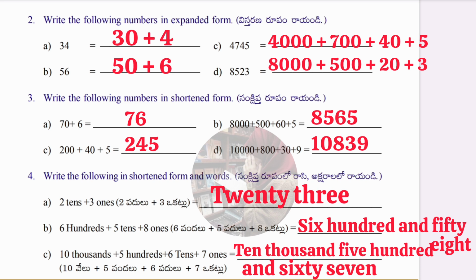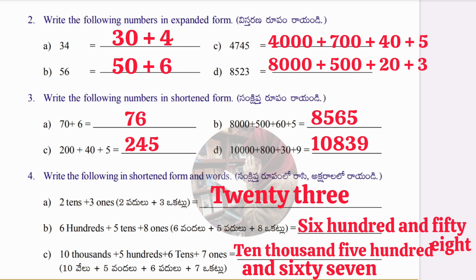Let's see the fourth Roman, which is write the following in shortened form and words. First one is 2 tens plus 3 ones, means 2 into 10, which is 20, plus 3 into 1, which is 3. 20 plus 3 is 23. Second one is 6 hundreds plus 5 tens plus 8 ones, which is 6 into 100 is 600 plus 5 into 10 means 50 plus 8 into 1 means 8. Then the answer is 658.